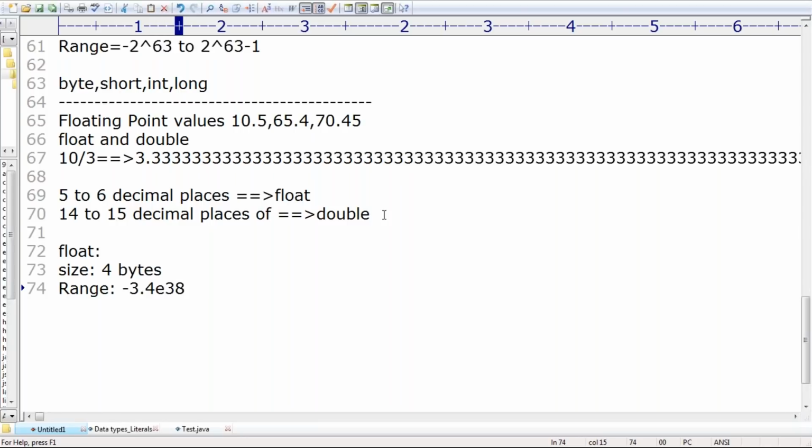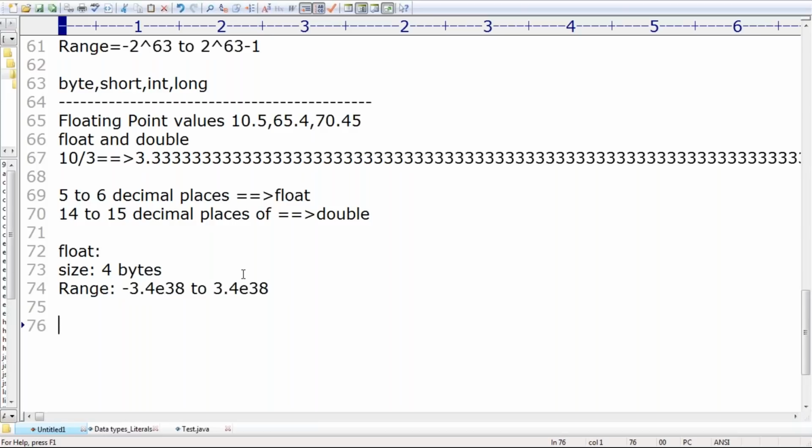E means exponential. Minus 3.4 E38 to plus 3.4 E38. The approximate range of float is minus 3.4 into 10 power 38 to 3.4 into 10 power 38. This is the range and the size.